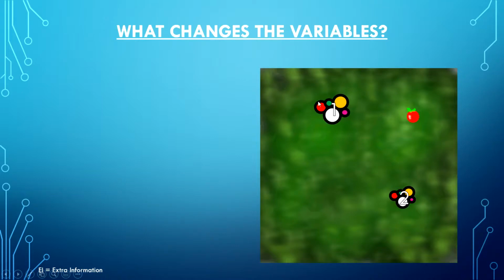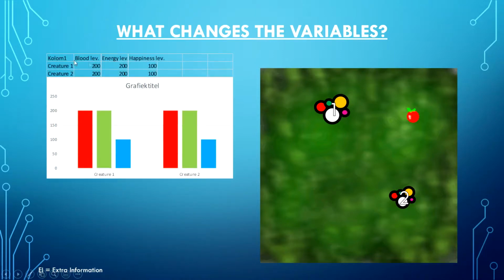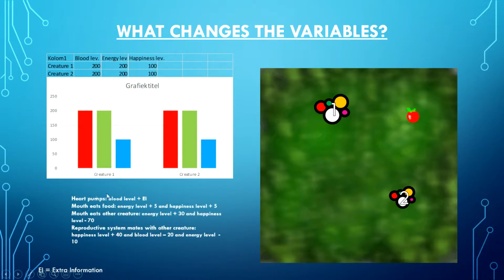Much better. So, what do we have here? We have a creature, a piece of food, and another creature, and they are all on a background. Then I have a graph with each of the creatures' blood level, energy level, and happiness level.